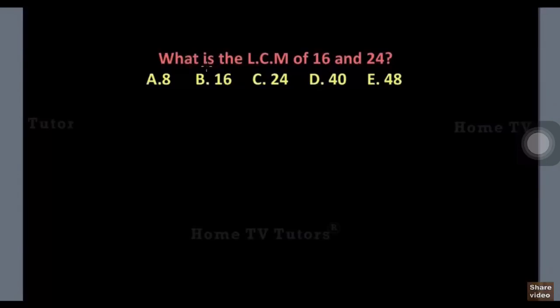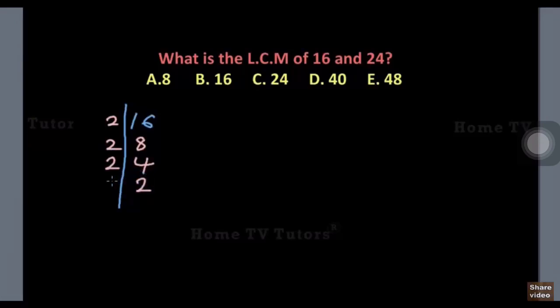The next question, what is the LCM of 16 and 24? LCM means lowest common multiple. So we want to find out the lowest common multiple of 16 and 24. I'm sure you've been taught this in your previous lessons.